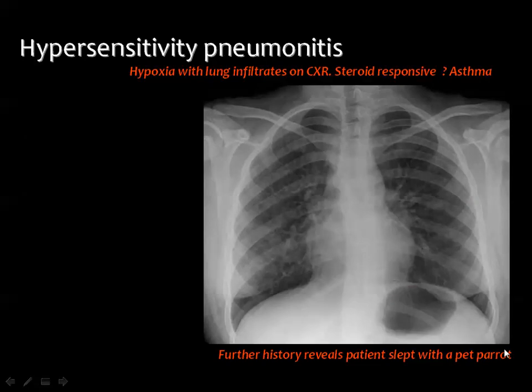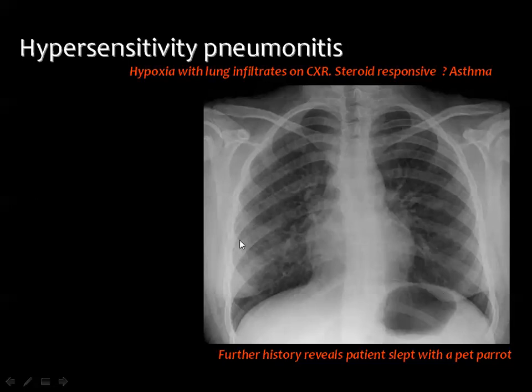Hypersensitivity pneumonitis, to be diagnosed, the patient would have a positive history of exposure to a certain allergen, and this may take a long time to identify the specific antigen.